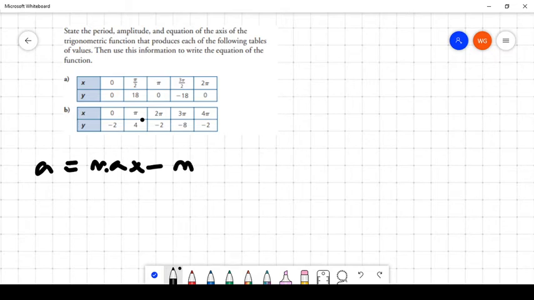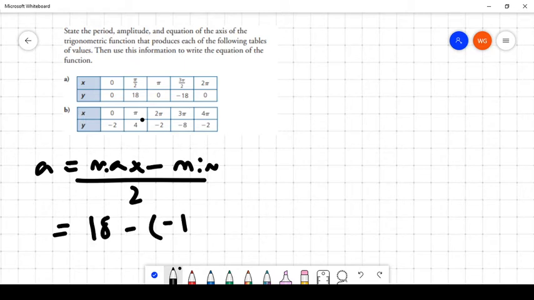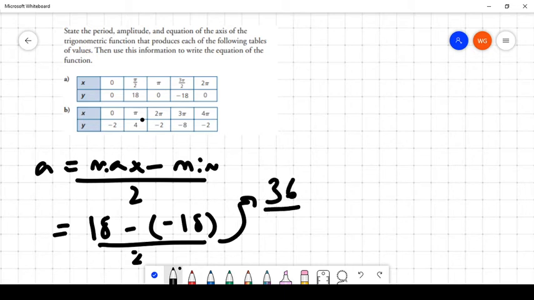The maximum value that this function reaches apparently is 18. It would tell us if it was something else, believe me. The minimum is negative 18, and we're dividing all of that by 2. So that means that we have 36 over 2, which is 18. So a equals 18.